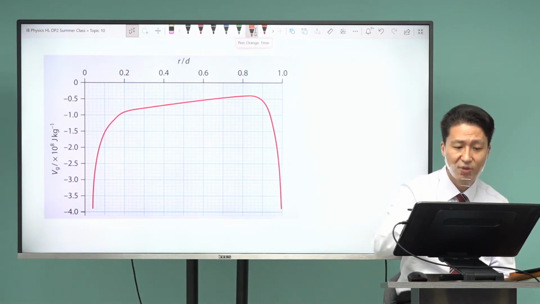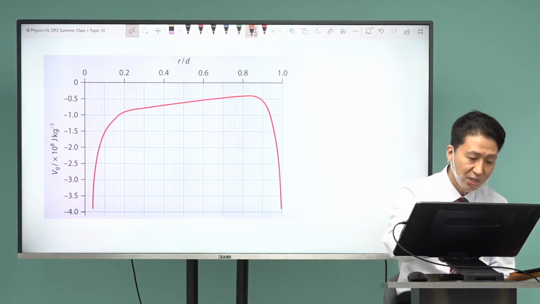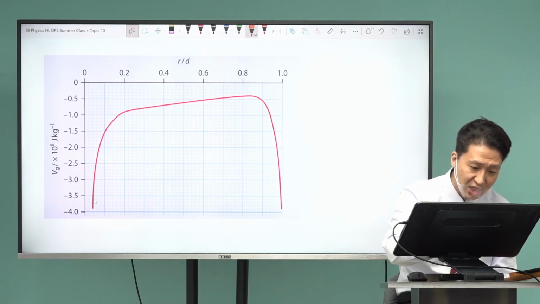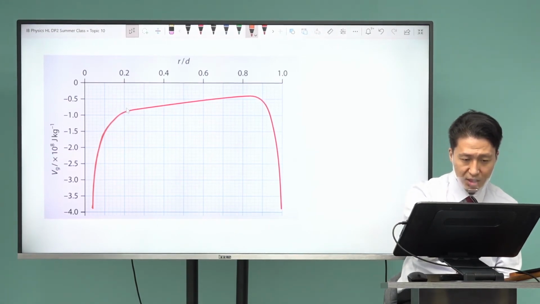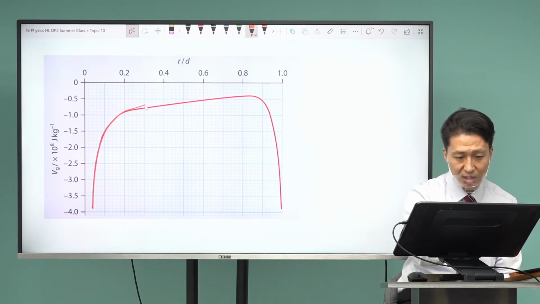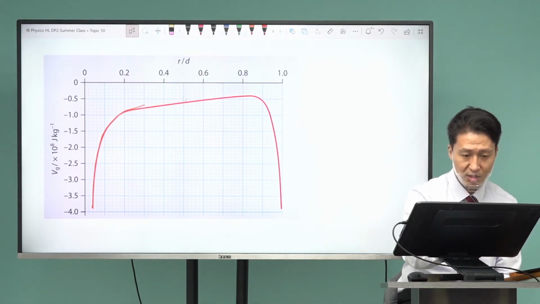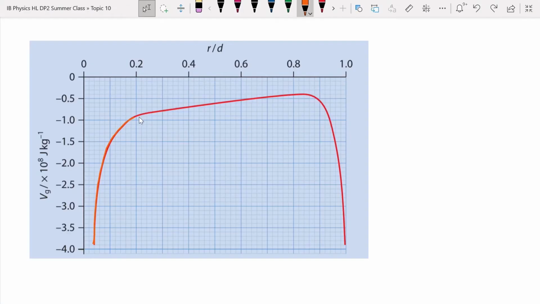I'm going to draw this in orange. If there was only the planet, it would be pretty much the same, except it would go like that. It will follow mostly the red line, except when it gets closer, it just goes like that, more or less.